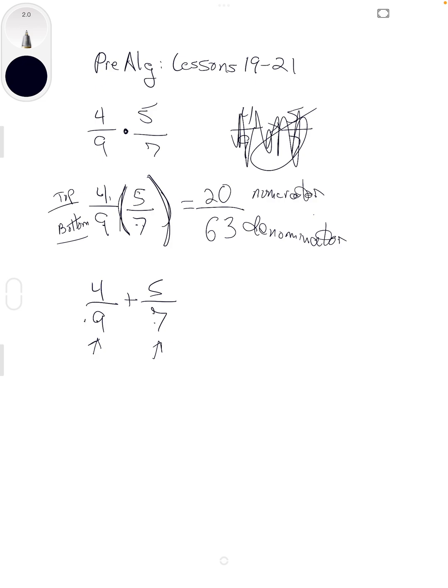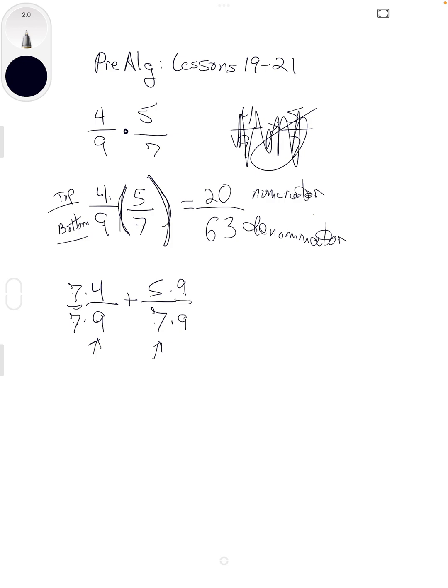But if I make this one 7 times 9, and I multiply top and bottom by 7, notice I am not changing the fraction, because 7/7 is just 1. Okay, and here, if I multiply top and bottom times 9, I'm not changing this fraction, because 9/9 is 1. But the denominators are now the same.